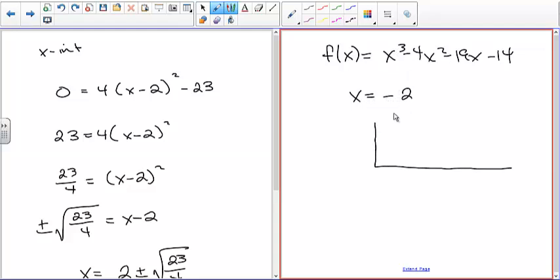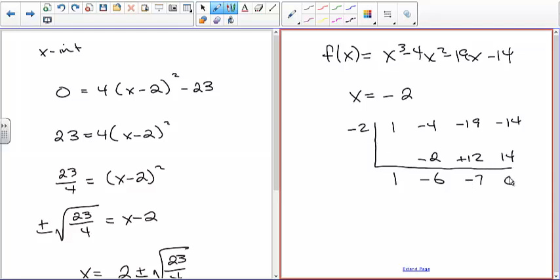But remember, here you put the 0 here. Okay, so this comes down 1. 1 times negative 2 is negative 2. Add these together, you get negative 6. Negative 2 times negative 6 is plus 12. Add these together, you get negative 7. Negative 2 times negative 7 is positive 14.